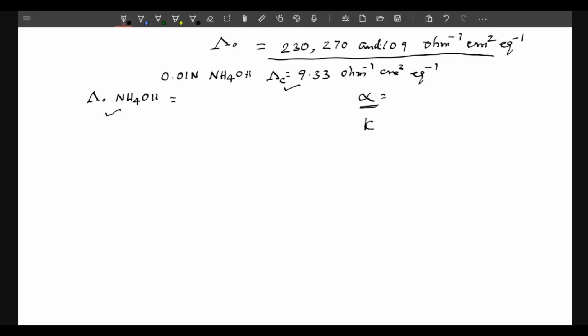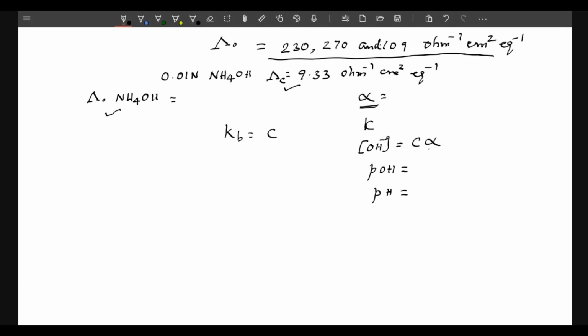Or you can calculate the concentration of OH minus using the formula C alpha. If OH minus concentration is calculated, you can convert it into pOH. If pOH is known, you can convert it into pH.